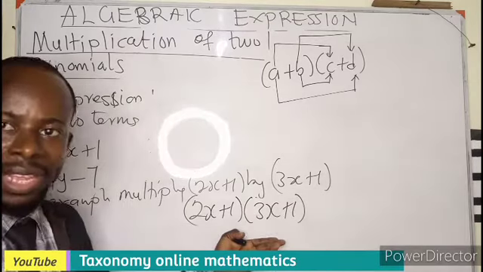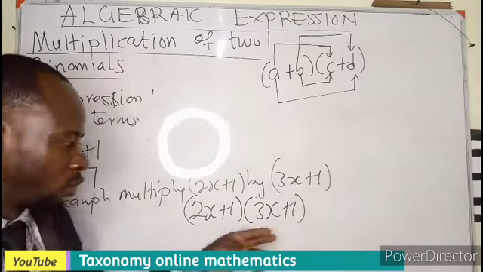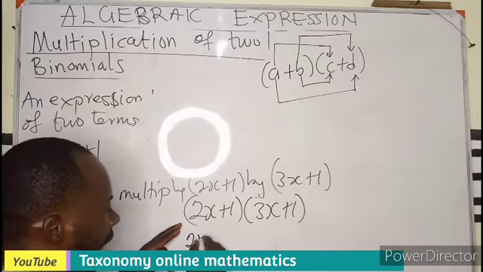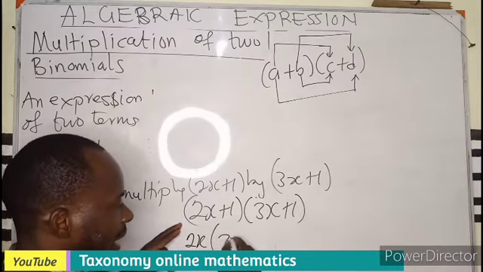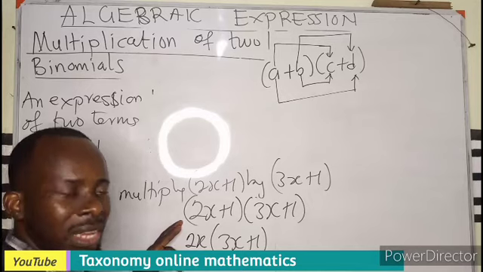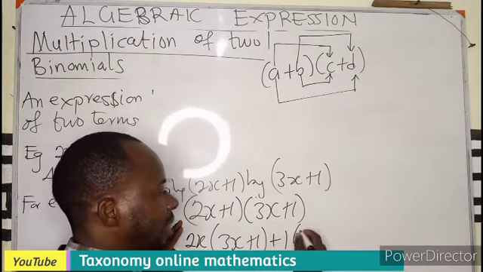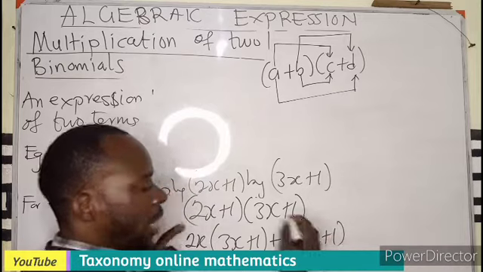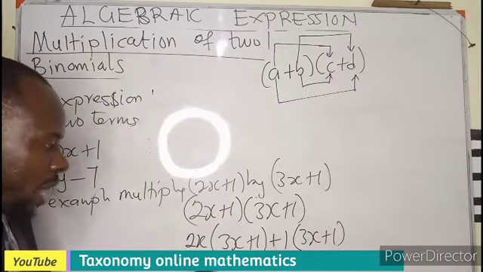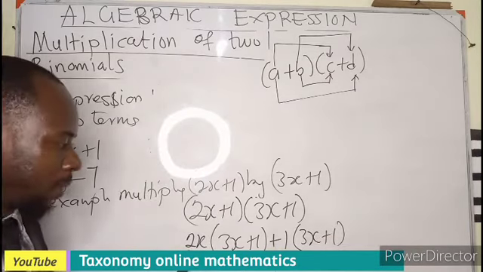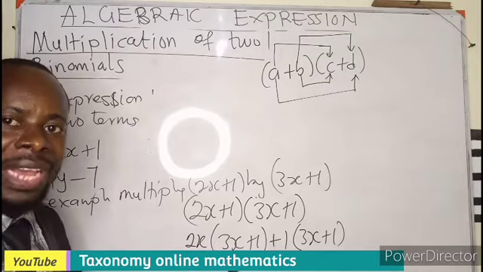We have to multiply. So this is the multiplication. So your 2x will multiply 3x plus 1. Then this will come with each sign into the bracket 3x plus 1.